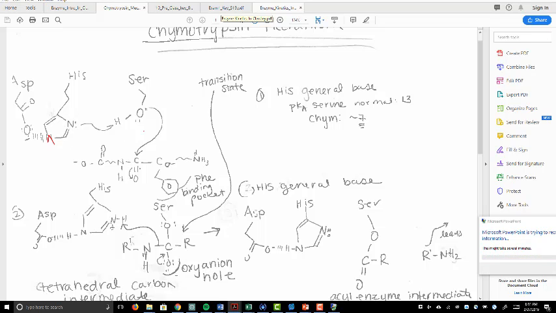For HIV protease, it's a very specific peptide sequence that it recognizes, and for chymotrypsin, it's just phenylalanines. But you weren't really given a specific substrate for papain. No.